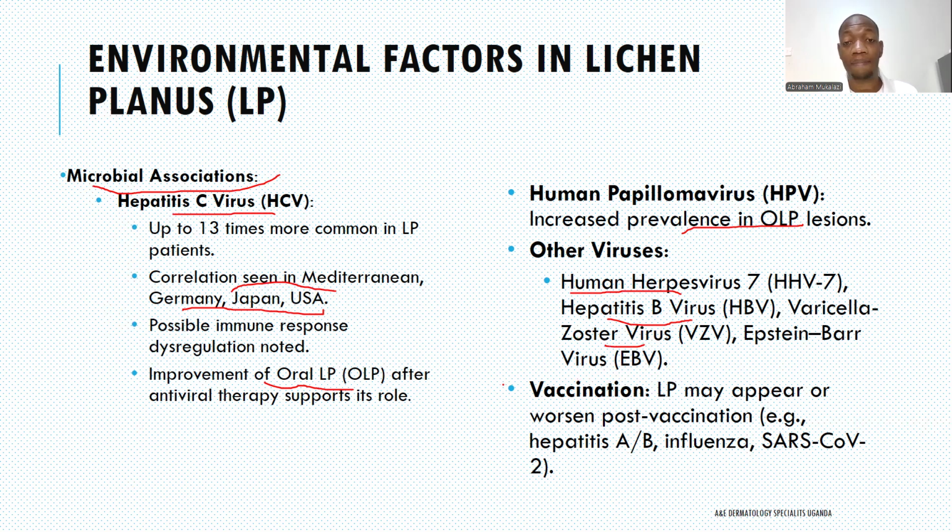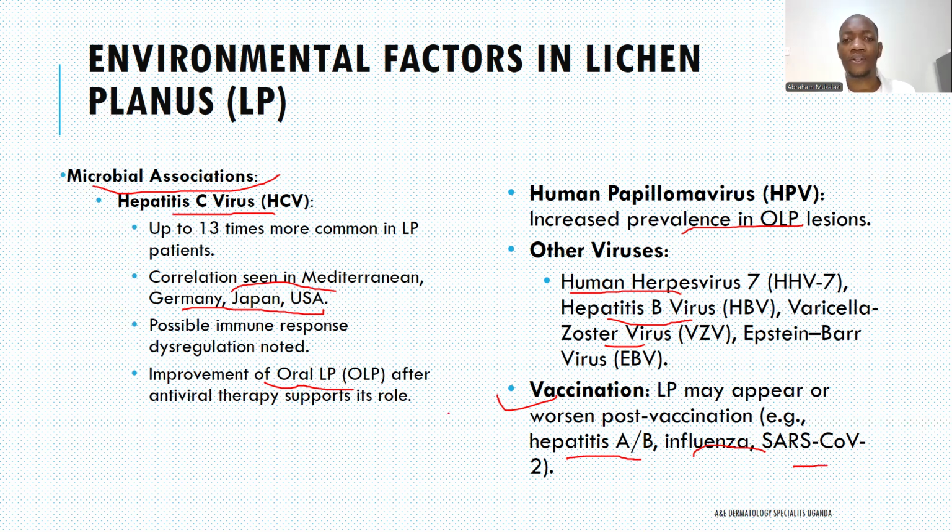Then furthermore, lichen planus has also been associated with vaccination. This is because lichen planus has been seen to either appear or worsen after vaccination, especially if people get vaccination for hepatitis A and B, influenza, and also the COVID vaccine.